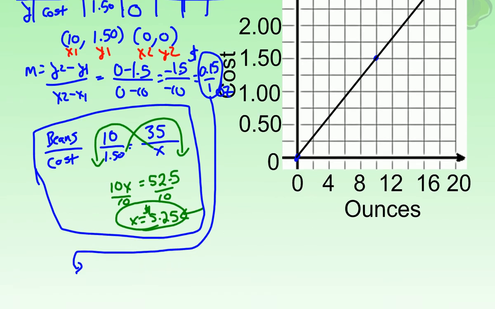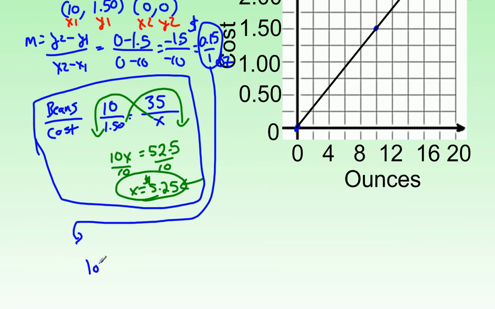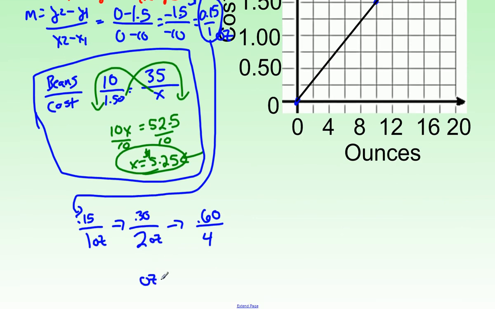We could make some predictions from that. If 1 ounce is 15 cents, we can keep going. We say, well, 2 ounces would be 30 cents. And 4 ounces would be 60 cents. We're taking the number of ounces times 0.15.